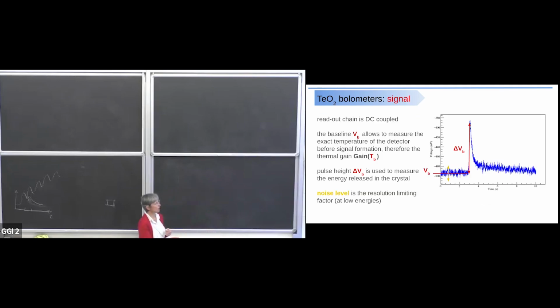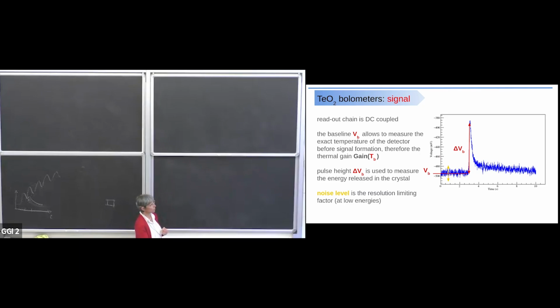And this is how the signal develops in time. You see, when I do not have signals, I have what I've called the bias of the thermistor. And since my electronics is DC coupled, I'm able to read out this bias.